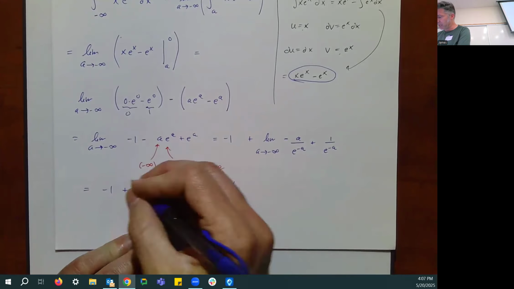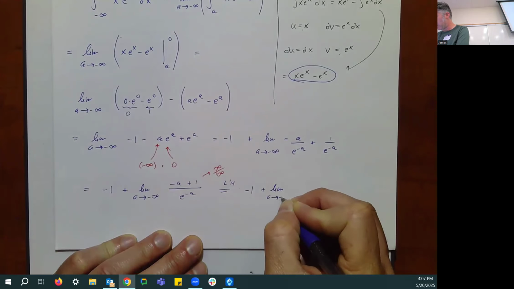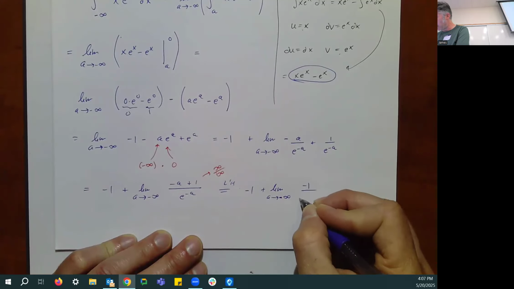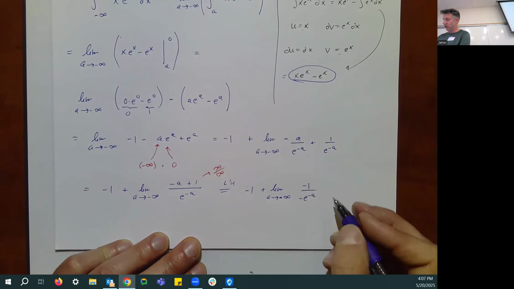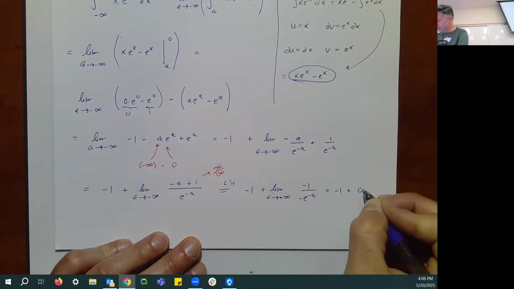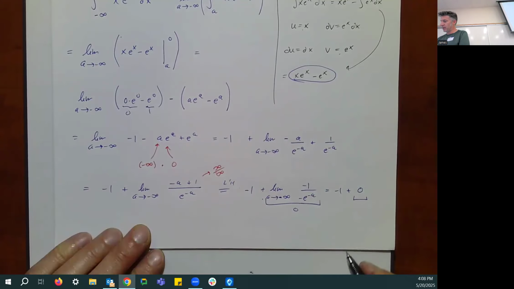The -1 just hangs out in front, and then we have the limit as a goes to negative infinity of -1 plus 0 over negative e to the negative a. And now we have -1 over something getting infinitely large, so that's going to end up being -1 out there plus 0. So we get -1.